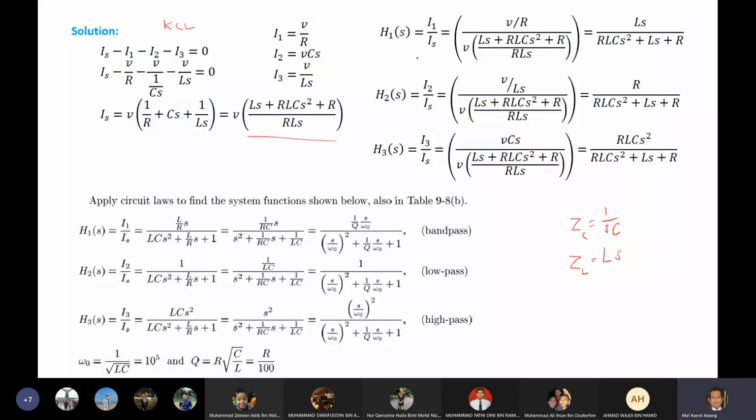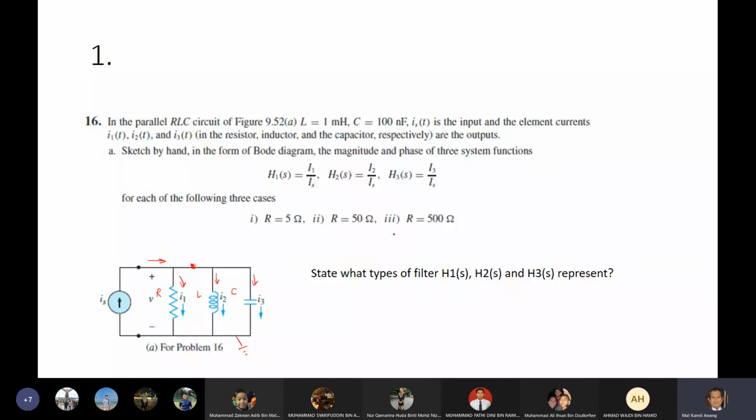For the H1, it's given as I1 over IS. I1 is V over R, so V over R divided by the whole IS. This can be simplified as that. For H2 it is I2 over IS. What is I2? VCS. Wait, let me see. There is a small mistake.